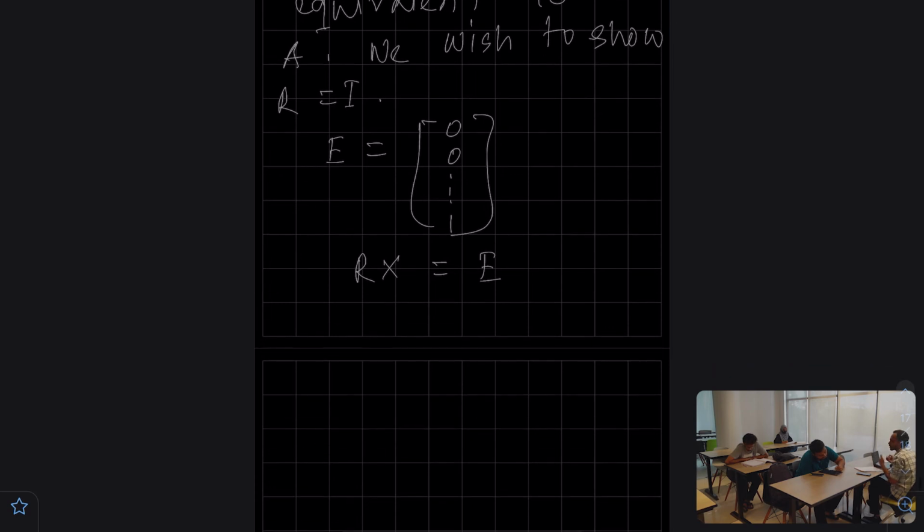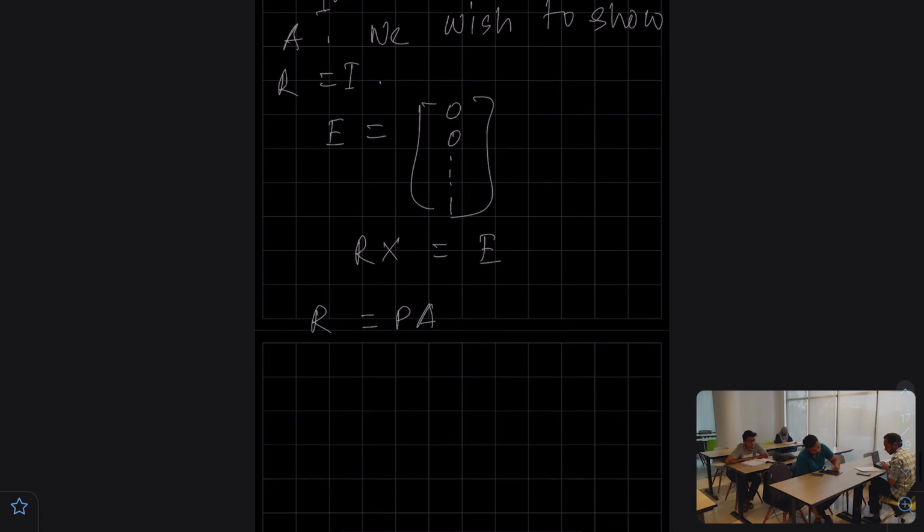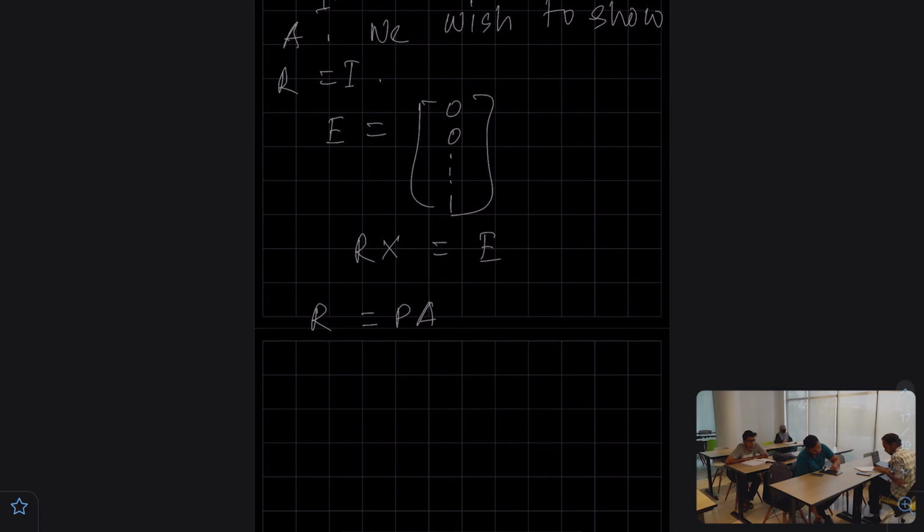Since R is row equivalent to A, that means R equals some PA. What is P here? A product of finitely many elementary matrices, right? And we know that P is invertible, because P is the product of the elementary matrices.